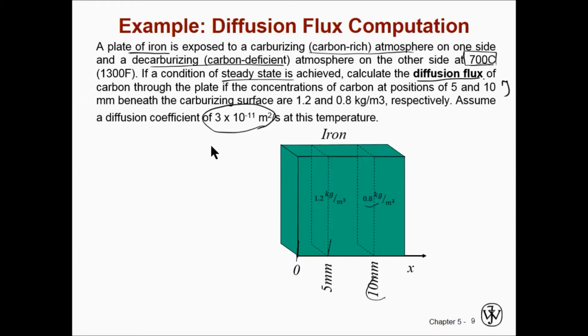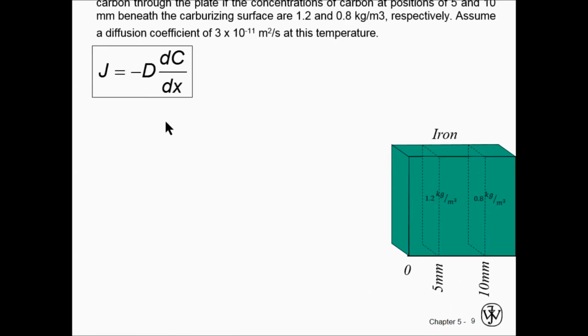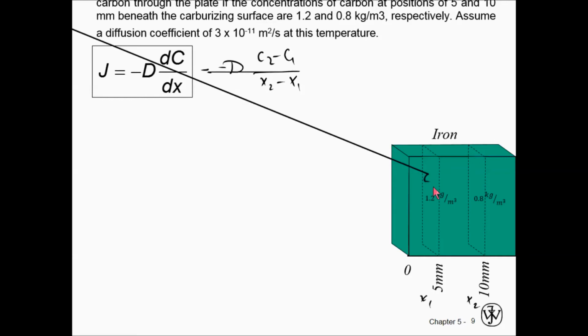It says that it is steady state diffusion, so I will use this equation. If I open it up, it will be C2 minus C1 over X2 minus X1. So this is X1, X2, C1, C2.